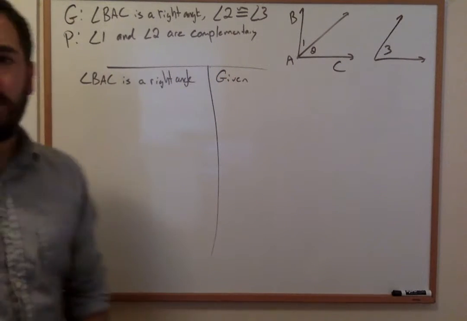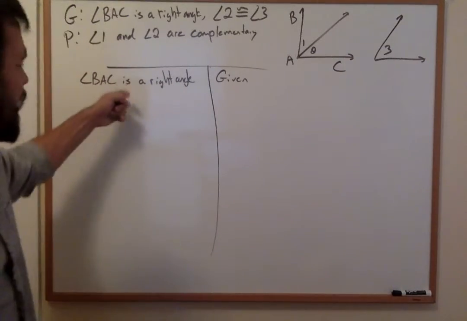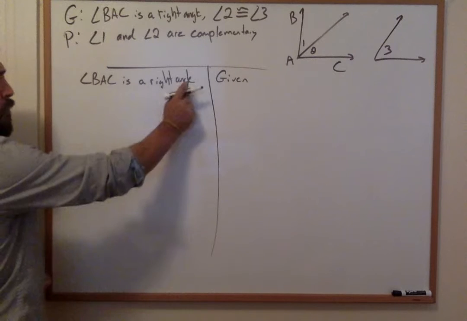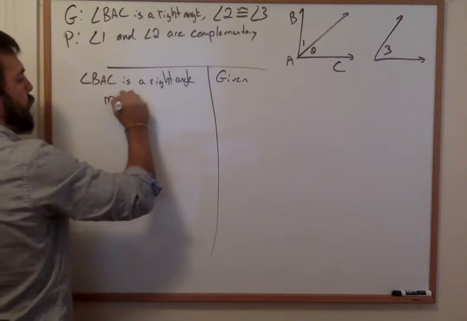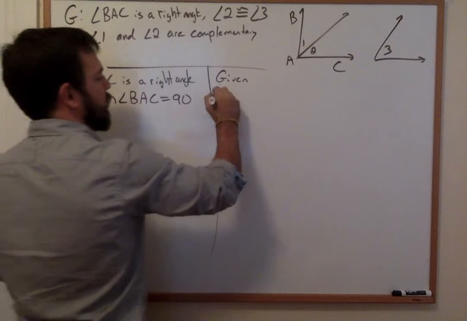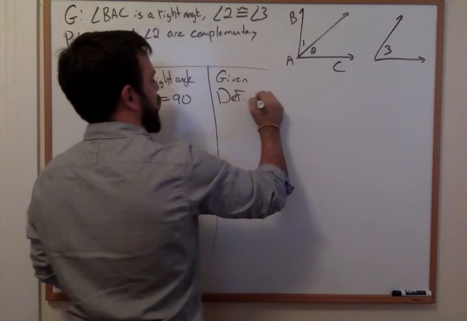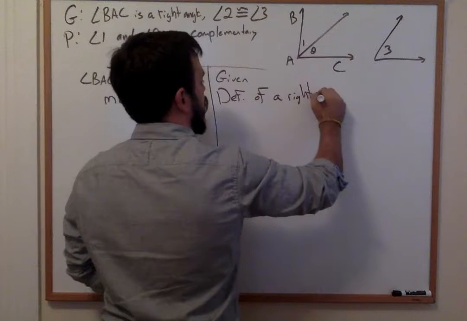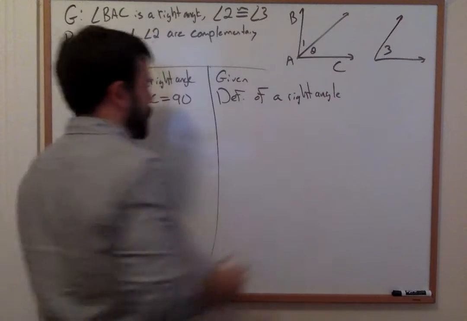All right, well, before I even do anything else, I know I can do something with that really quick. I'm going to put it in. If I have a right angle, I know its measure is 90 degrees. I know the definition of a right angle. Okay.